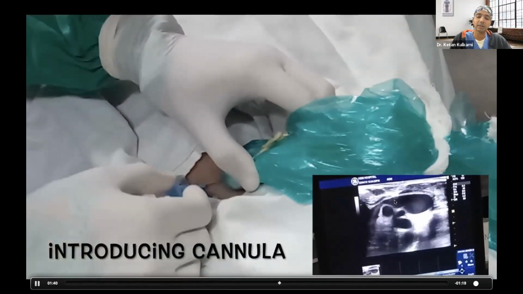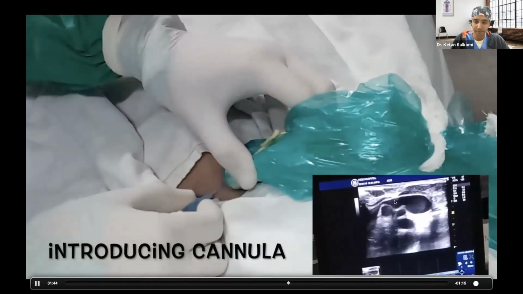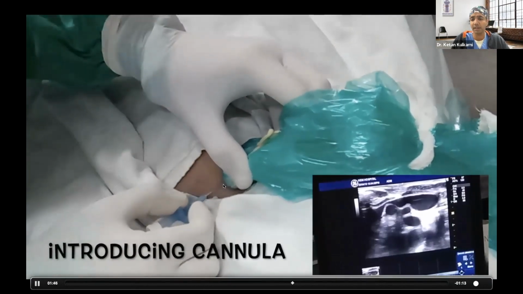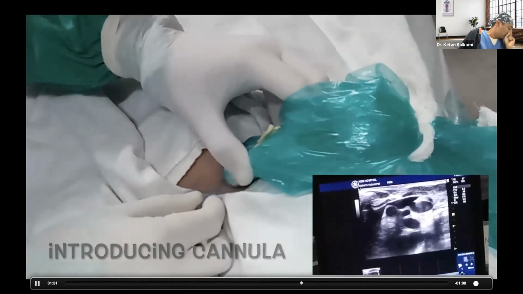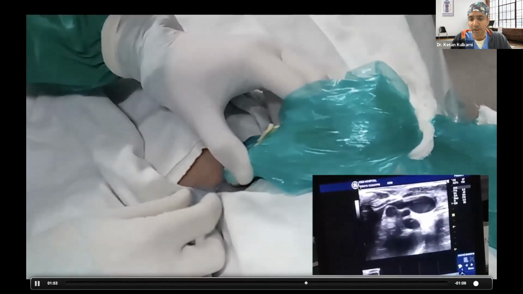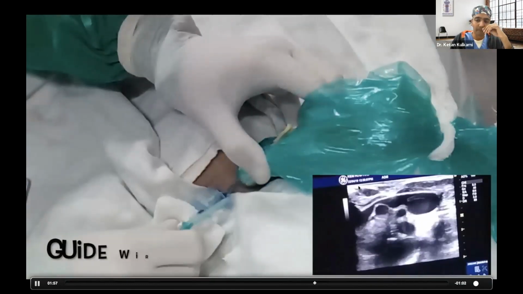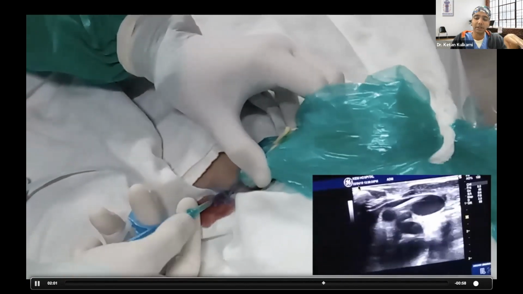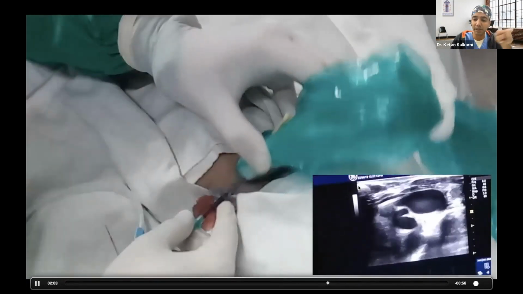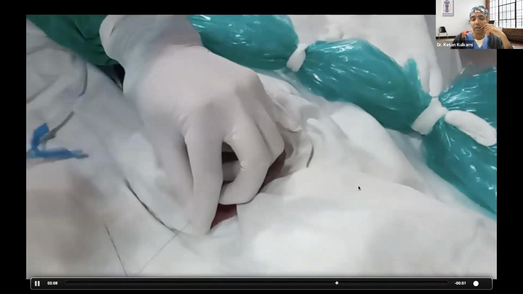The important thing is don't advance the needle till you see it. That's why my colleague is doing it here. So he has advanced the cannula into the vein. Then you will be putting in the guide wire. Everything is done under vision, so you can confirm that the guide wire is going in the correct direction and not going into another vein.